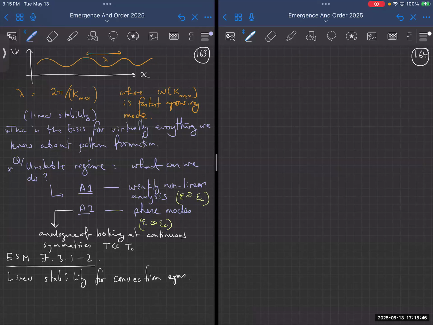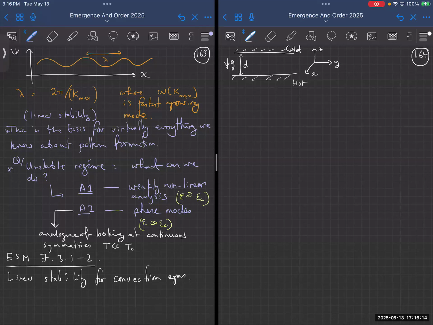The main thing I want you to remember is that we have our system set up like this. This is the spacing D. Gravity is going down like this. This direction is Y, this is X, and this is Z, and this is hot, and this is cold.